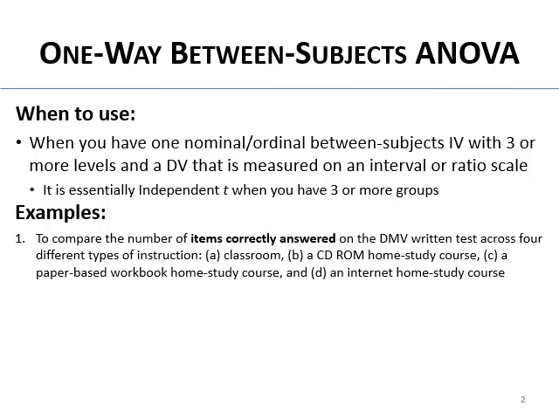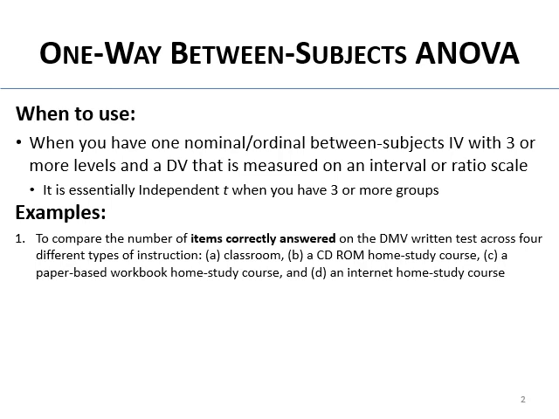So some examples. If you wanted to compare the number of items correctly answered on the DV written test across 4 different types of instruction: classroom instruction, some sort of CD-ROM home study course, a paper-based workbook home study course, and an internet home study course. What is the dependent variable here?